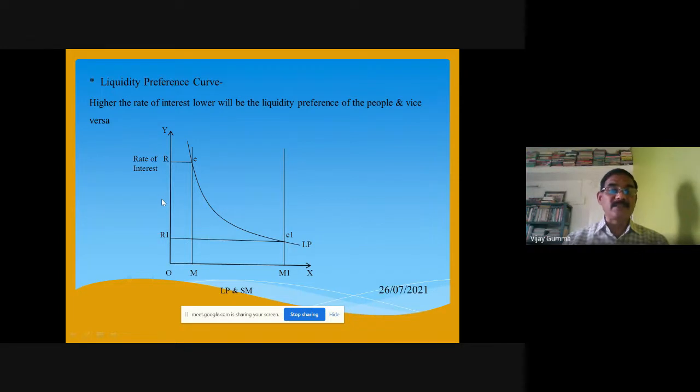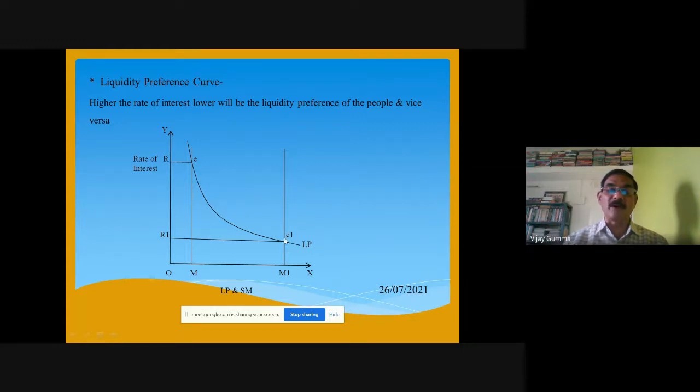While the demand for money, that is liquidity preference, remains constant, when the supply of money increases from OM to OM1, the supply of money curve shifts towards the right. This new M1 supply of money curve intersects the liquidity preference curve at point E1.